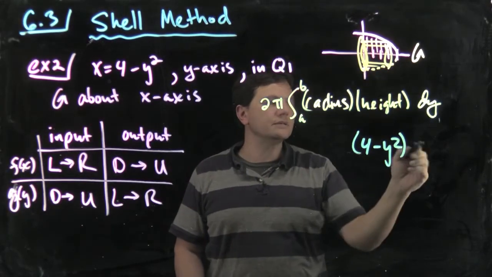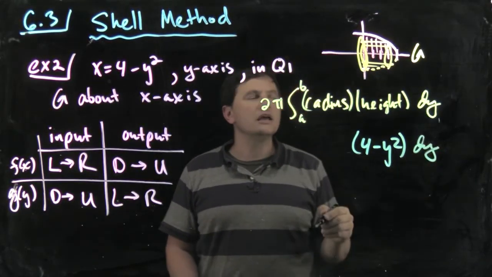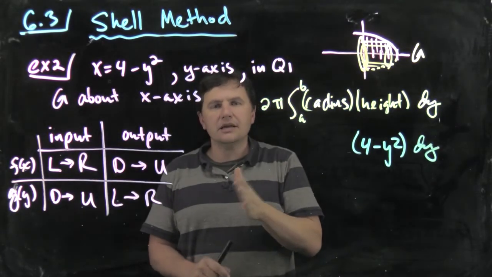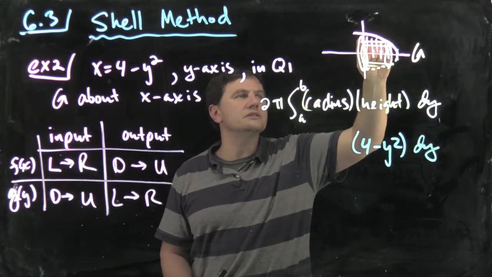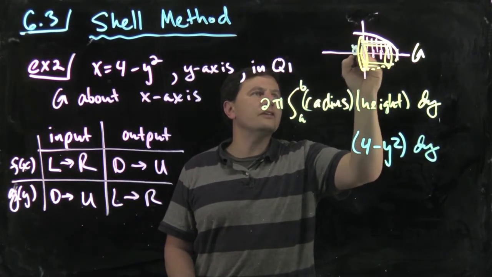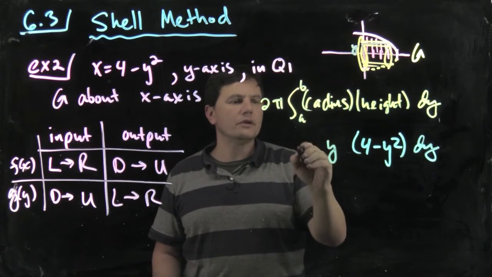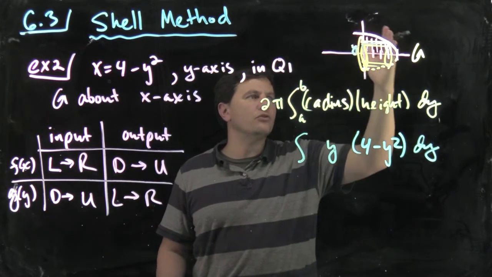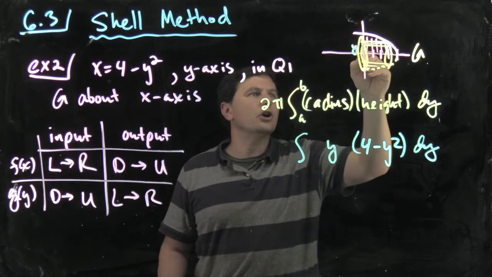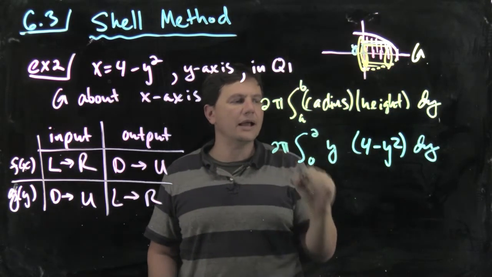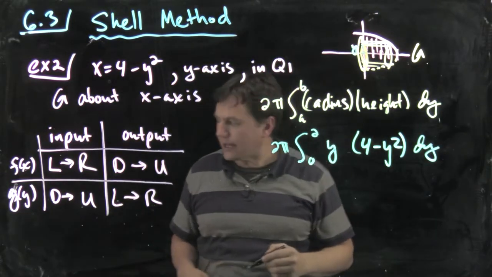Now the radius, normally it's right to left, now this is going to be down to up. So what's my radius going to be? It's going to be y. And now instead of going with my limits from 0 to 4, I'm going to go 0 to 2, and that's going to be a 2 pi. And that's how I'm going to do a function of y here.